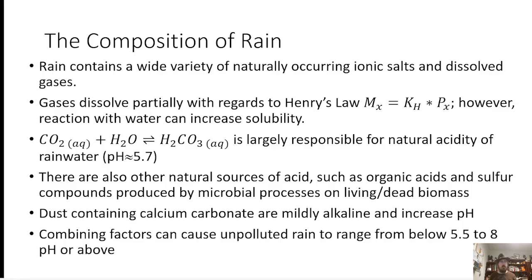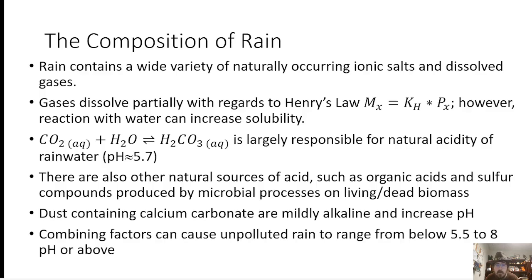So remember, 7 is perfectly neutral. So 5.7 is normal, slightly acidic, a little bit over 10 times more acidic than neutral. So maybe 20, 30 times more acidic.